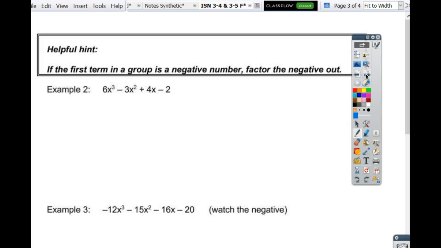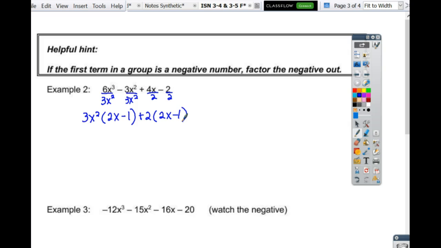What's the greatest common factor with the first two? 3x squared. So I'm going to write 3x squared times 2x minus what? What's 3 divided by 3? 1. You got to put the 1 there. And then what do these have in common? 2. So I'm going to put plus 2 times 2x minus 1.